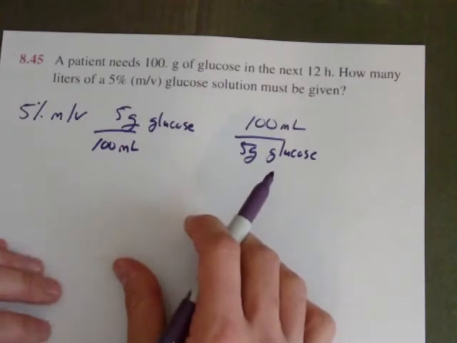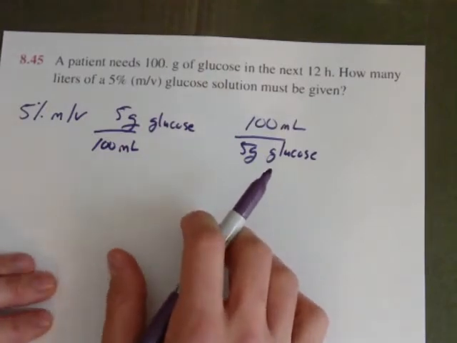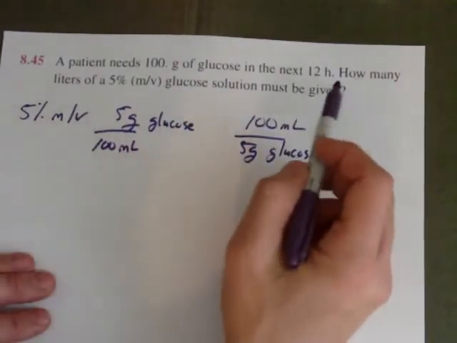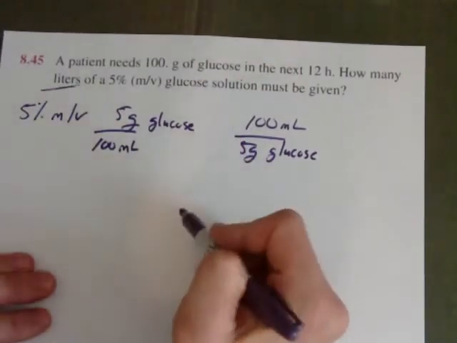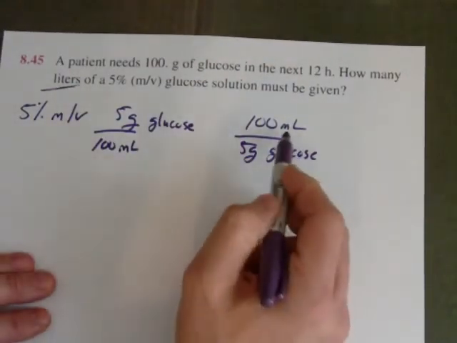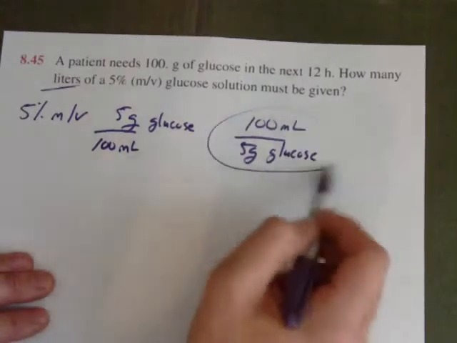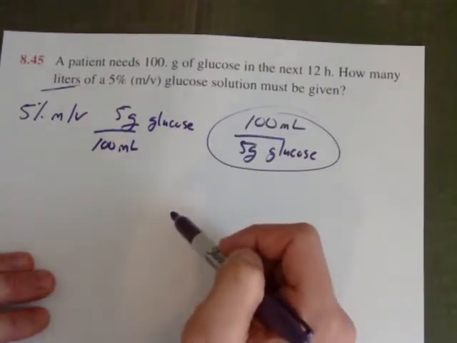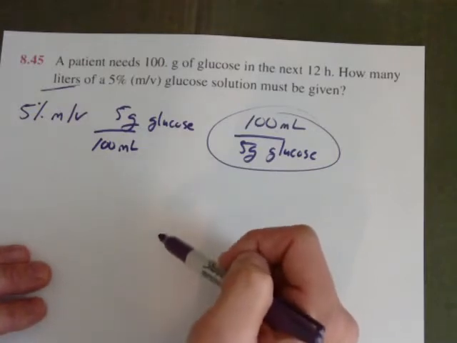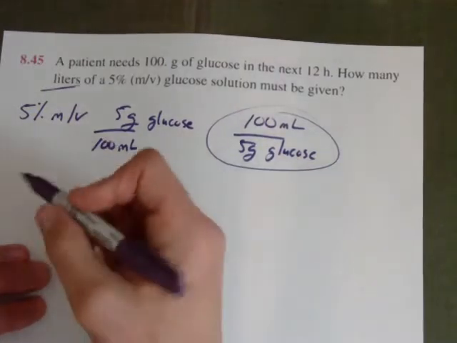And so, since we're looking for volume, we want to have the volume in the numerator. So we actually want to use this conversion factor here. We want our grams to cancel out, and we want to be left over with the volume.